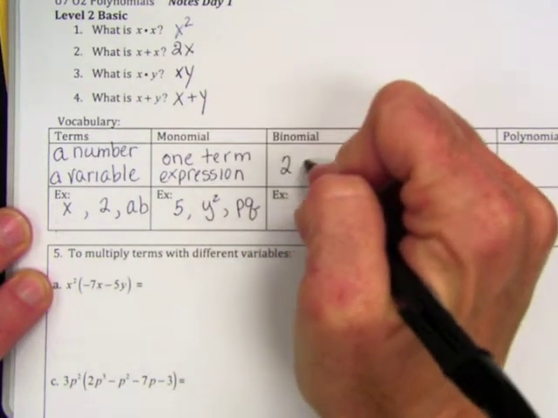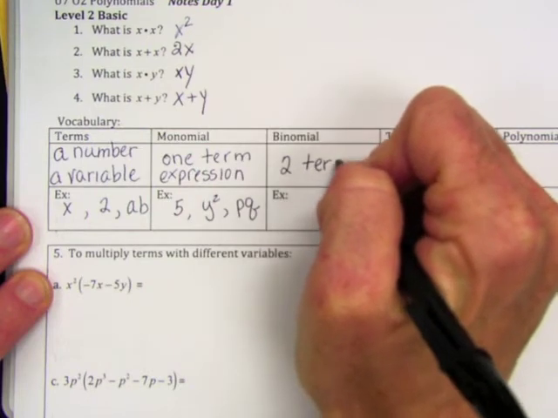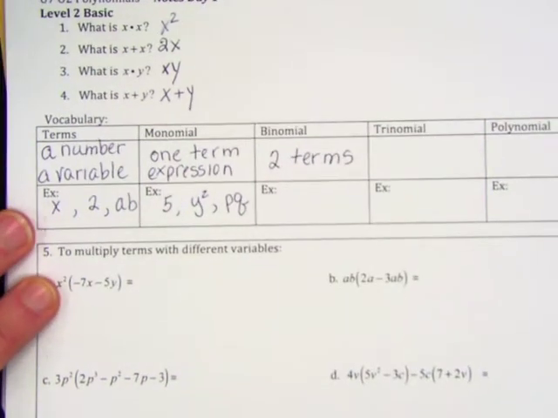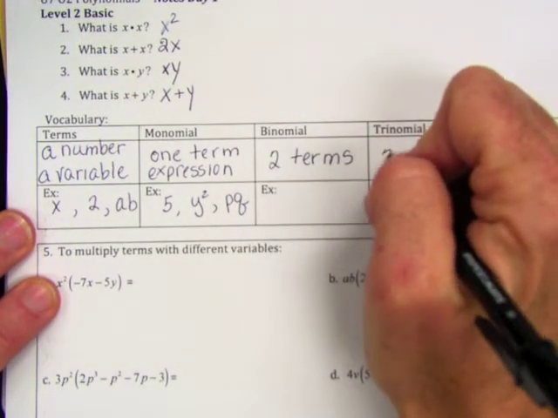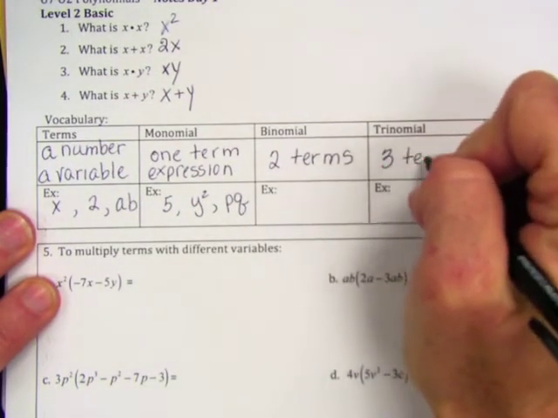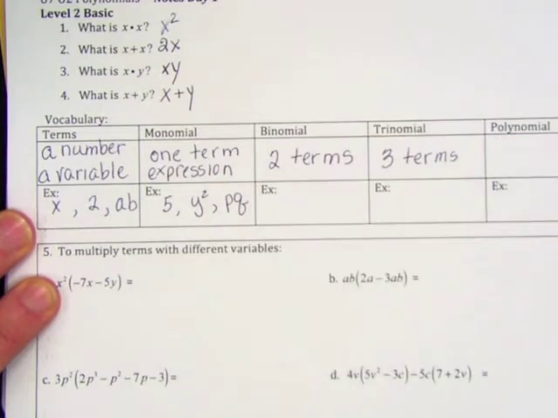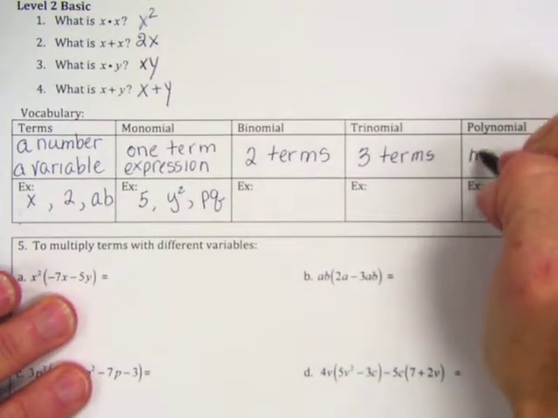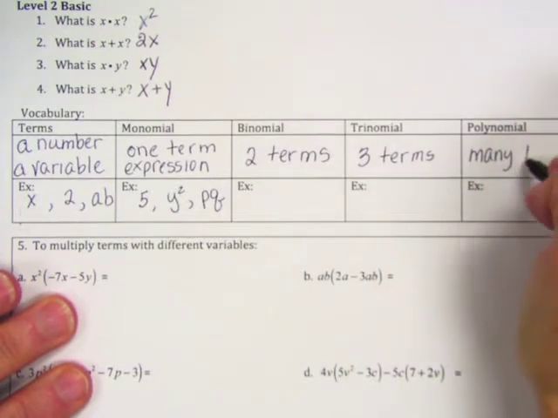Binomials have 2 terms. A trinomial has 3 terms. And a polynomial has many terms, so more than 3.